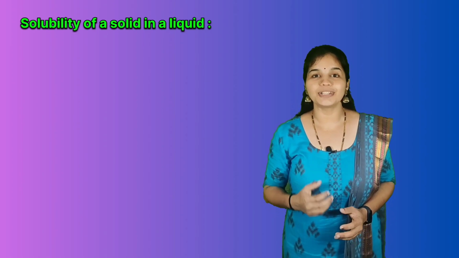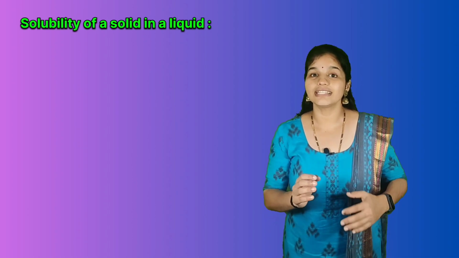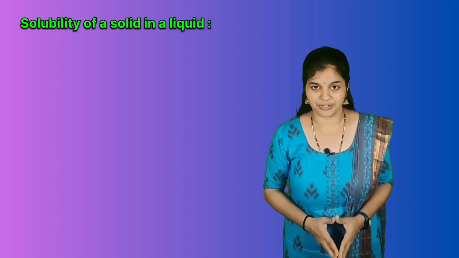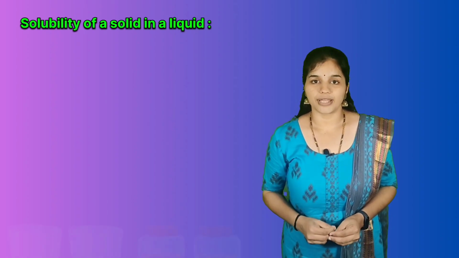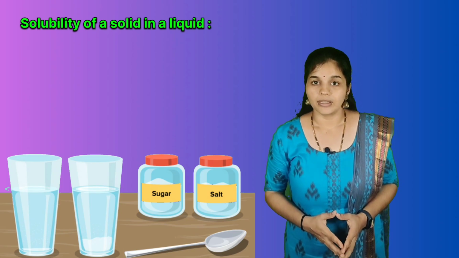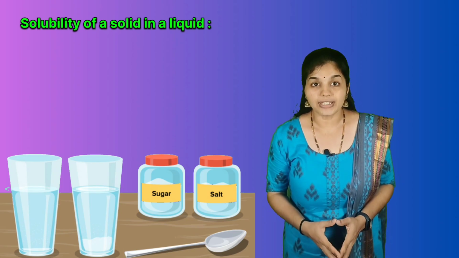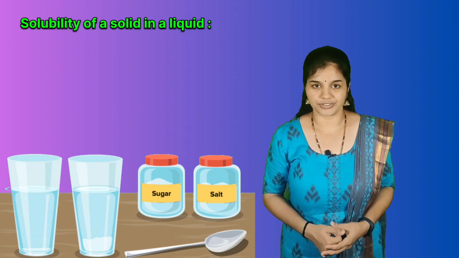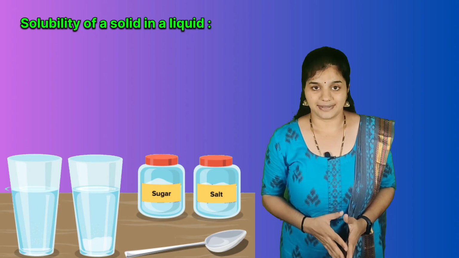Important thing you should note here is that every solid does not dissolve in a given liquid. For example, let us consider sodium chloride and sugar. These two compounds, that is sodium chloride and sugar, dissolve easily in water. Consider naphthalene and anthracene.